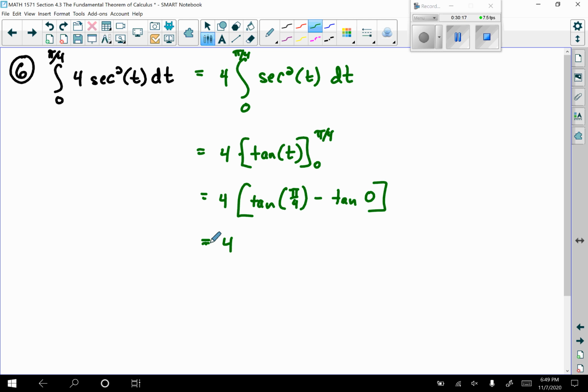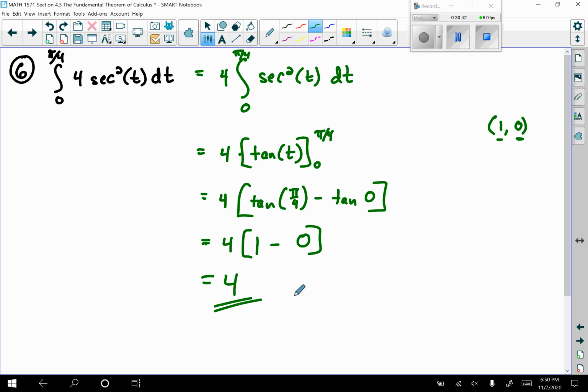So if you think of tangent of pi over 4, it is right in the middle of the quadrant. So the ordered pair we're looking at is radical 2 over 2 for both sine and cosine. So if I divide that, I just get a 1. And tangent of 0, the ordered pair at 0 radians, is 1, 0. So sine divided by cosine would just be 0. And then we just get a 4 here.